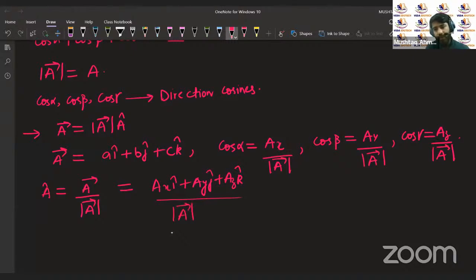So we can split it like AX upon mod of A i cap plus AY upon mod of A j cap plus AZ k cap upon mod of A.